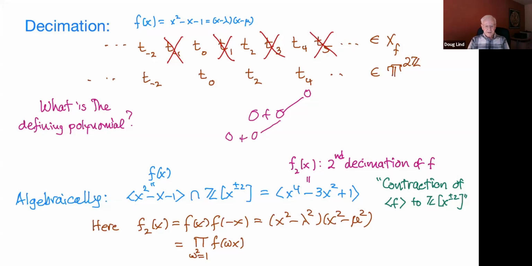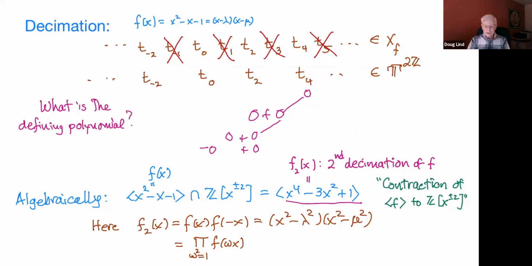And we're still not done because T1 we want to get in terms of even coordinates, but T1 is the difference. It's T2 minus T0. And so we'll get minus this plus this. So that allows us to say that T4 is 3T2 minus T0. Or in other words, the defining polynomial for this decimated action is x to the 4th minus 3x squared plus 1.